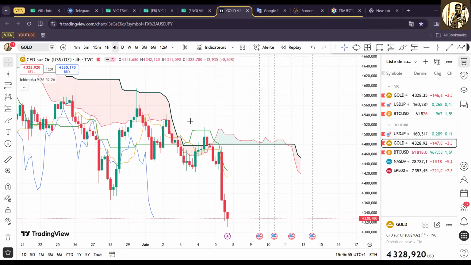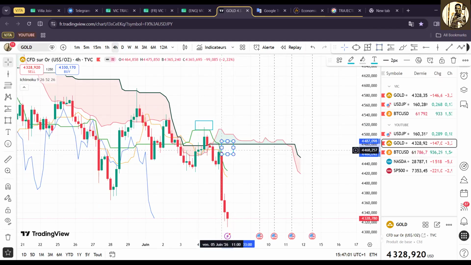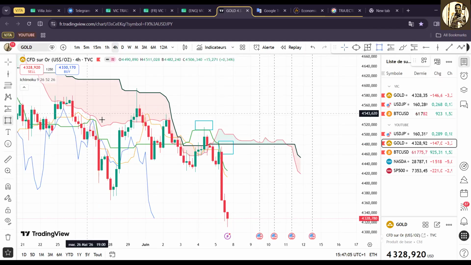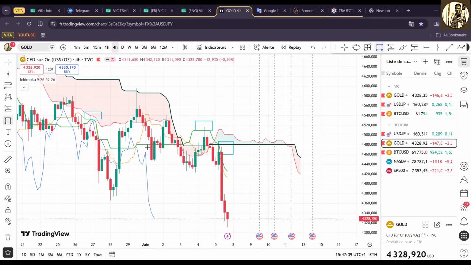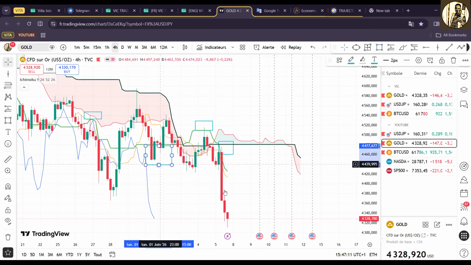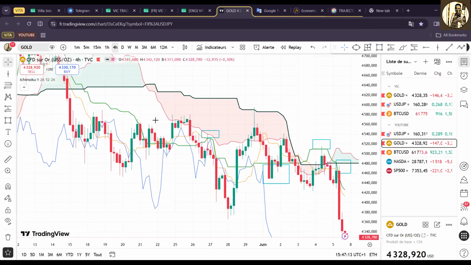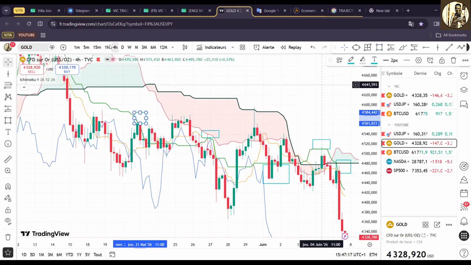Let me take this Kijun too. Let me also take another Kijun. I think this one. Let me take this one too. This one too. Okay, let me take those Kijun.